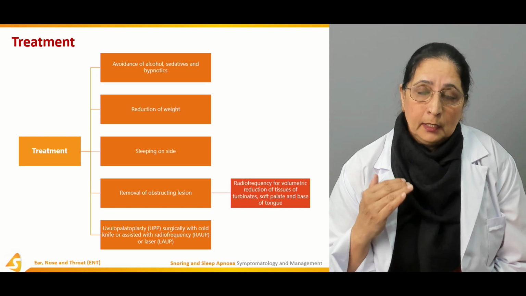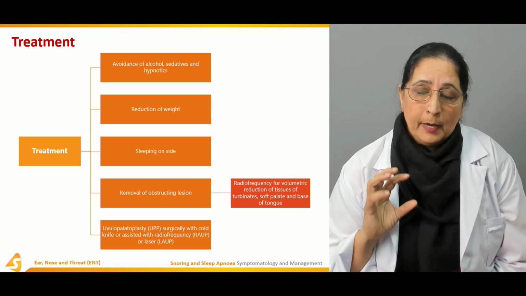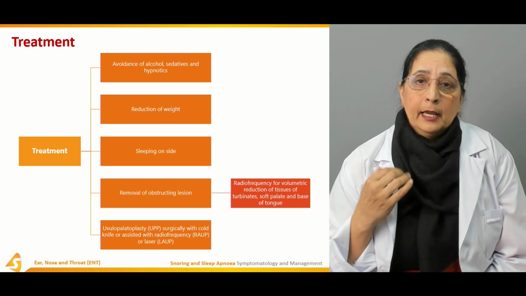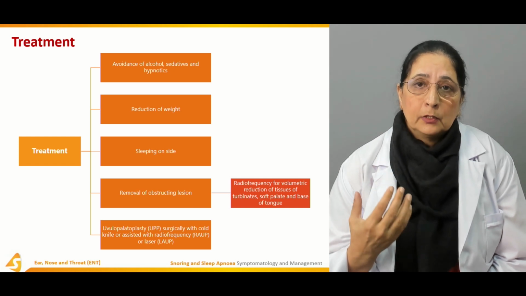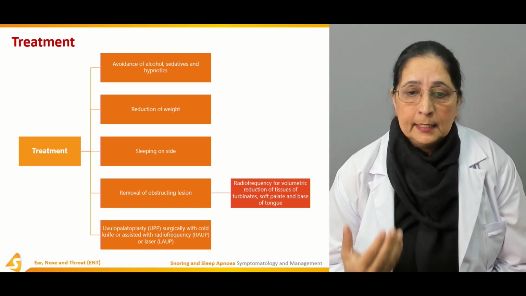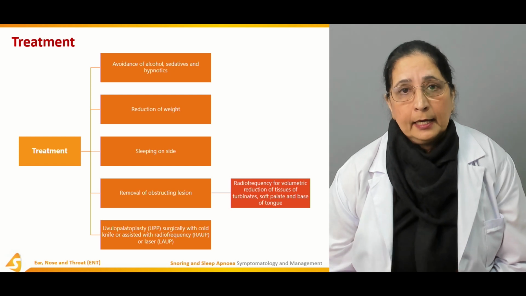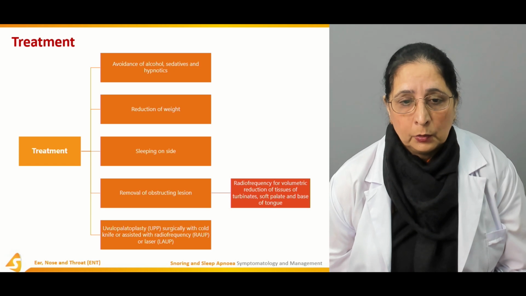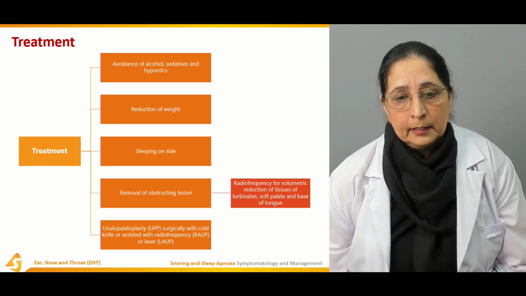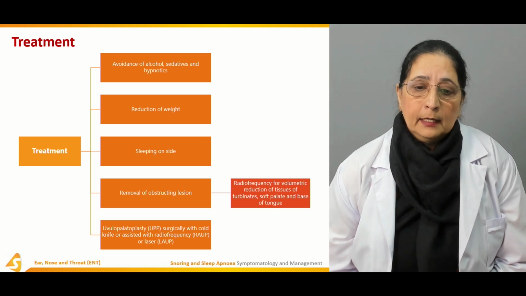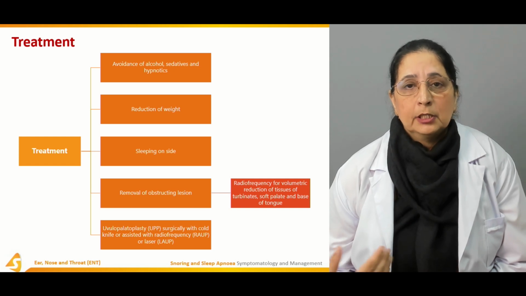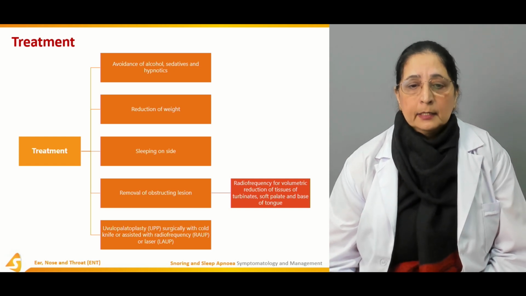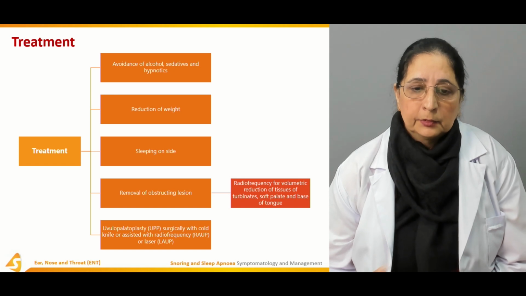Uvulopalatoplasty. The uvula is the hanging structure at the back of the oral cavity. If it is enlarged and causes obstruction, or if the palate is elongated, that can also cause obstruction. In that case, uvulopalatoplasty is helpful in relieving the obstruction and treating the snoring problem.